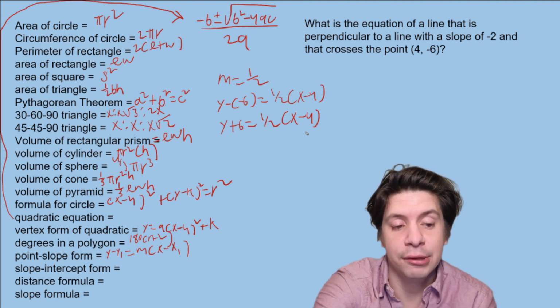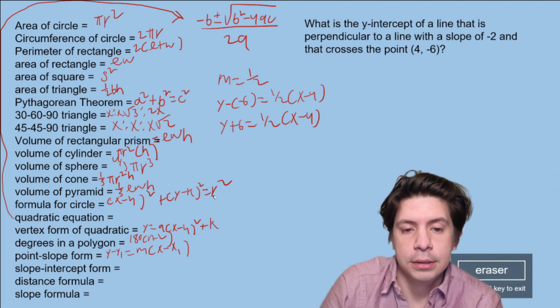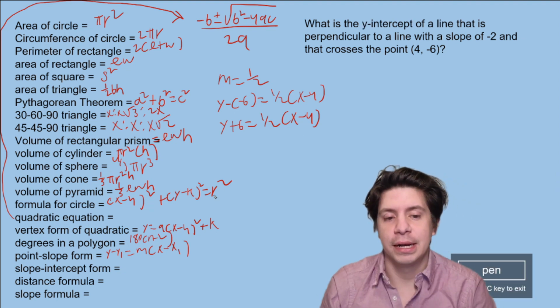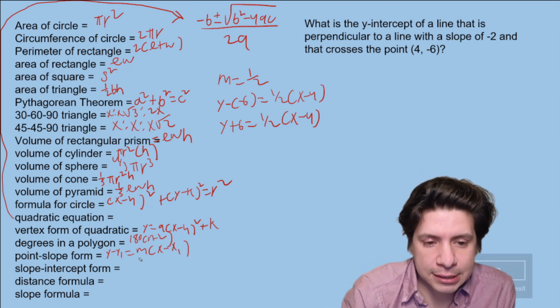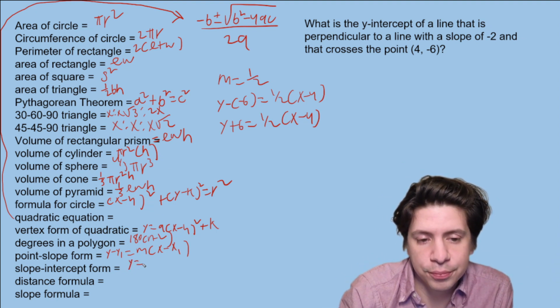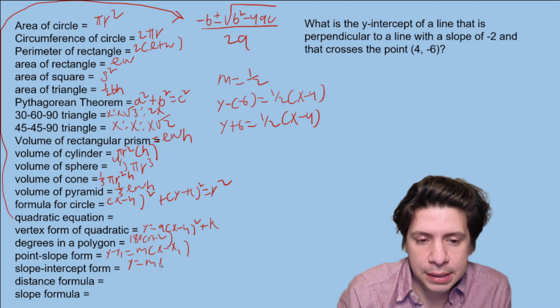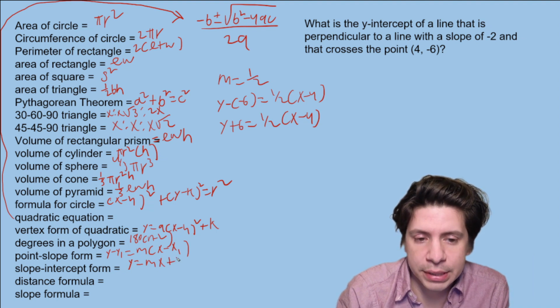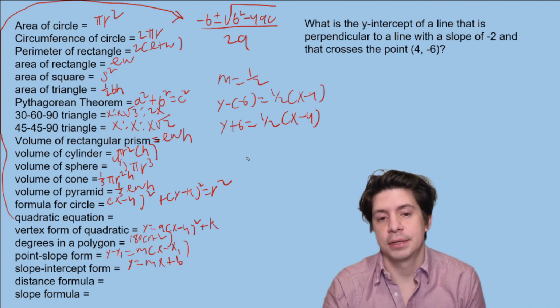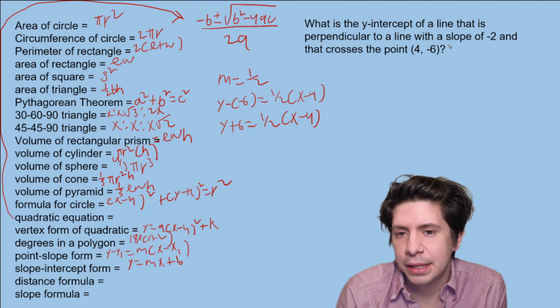So now we'll try another one that has slope-intercept form. In slope-intercept form, we're going to have y equals mx plus b, where m is still the slope, y and x stay, and b is the y-intercept. So here, same thing, perpendicular with a slope of negative 2, and crosses the point 4, negative 6.